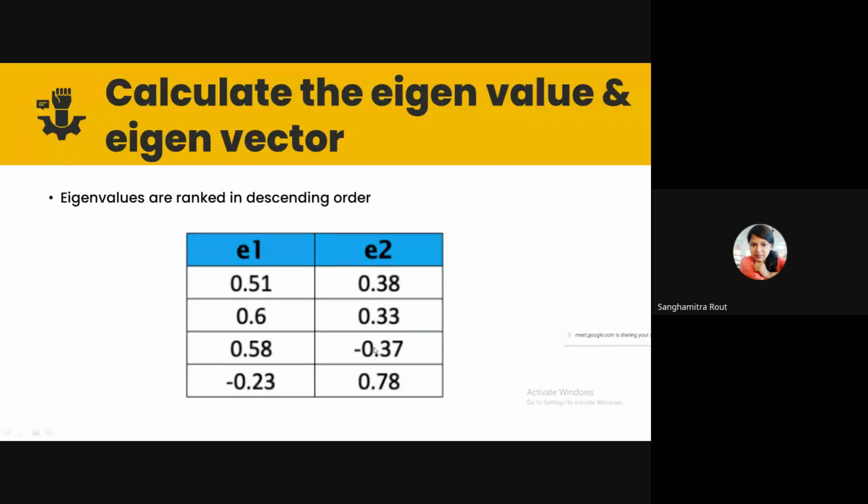From here, we will calculate our PCs, and that will be the final step. These are the basic calculation steps for PCA, the 4 steps.